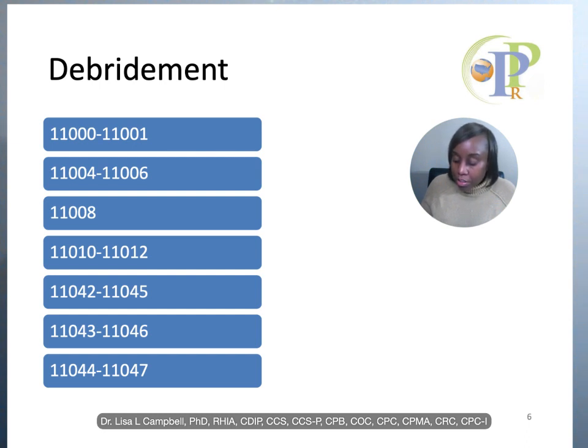So for example, 11004, debridement of skin, subcutaneous tissue, muscle, fascia for necrotizing soft tissue infection, that is for a body part of external genitalia and perineum. Notice right before external, there's your semicolon. What that means is code 11005 is going to rely on the description of 11004 up to the semicolon.